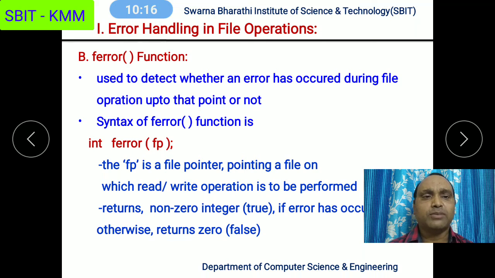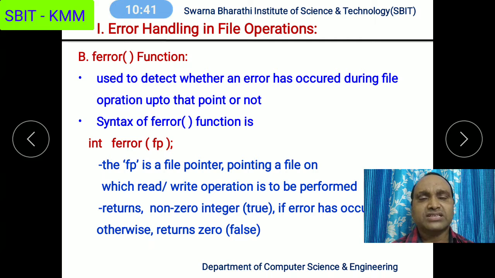Means you have performed some operations on the file. It may be a read operation or write operation or file opening operation or file closing operation. Any kind of operation, suppose you have performed on the file, and you want to know whether any error has occurred up to that point in the file or not, then we use the ferror function.